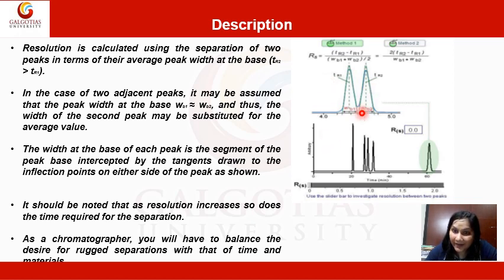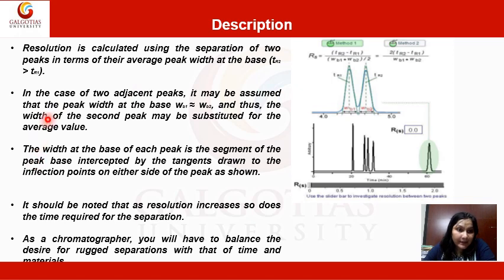We will get the first peak at 4.4 minutes and the second peak at 4.6 minutes. So Tr1 is the retention time of component 1 and Tr2 is the retention time of component 2. This is the time that a component spends in the stationary phase, or the time after which the component is eluted from the column.